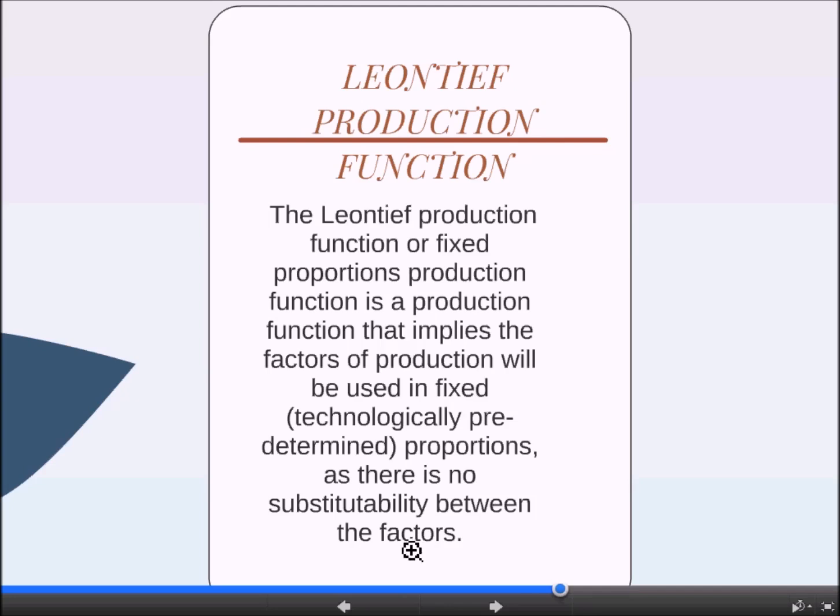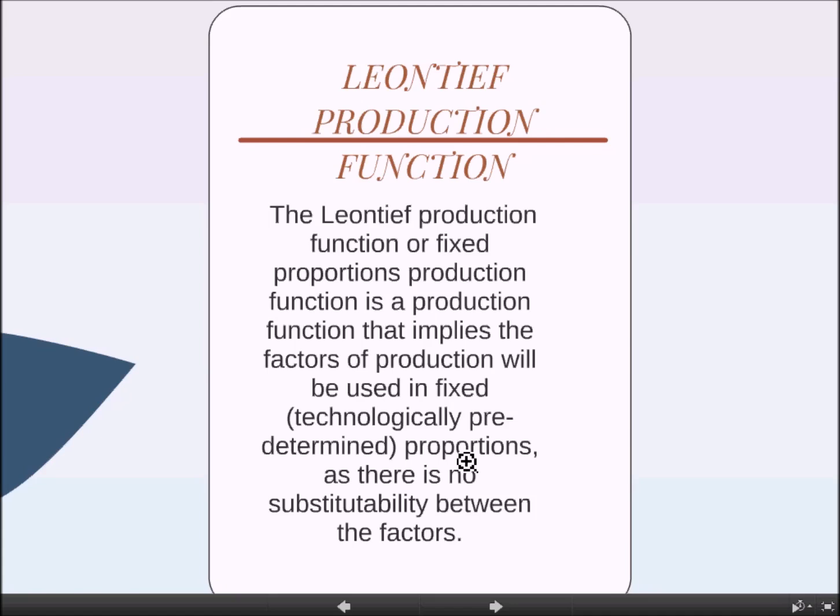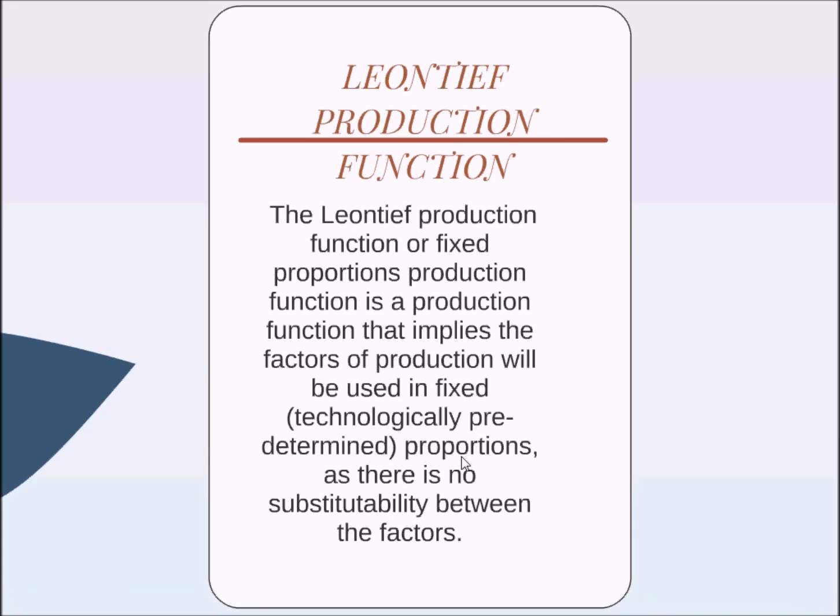If we remember the isoquant curve, in the case of the isoquant curve, we were substituting labor with capital in order to get the same output. But this production function assumes that we cannot substitute one factor with the other factor in order to get the same output.